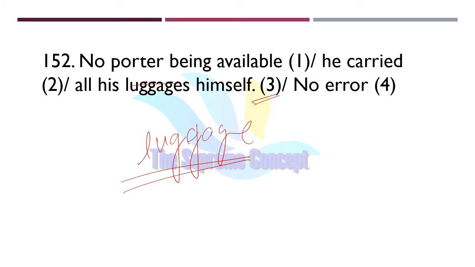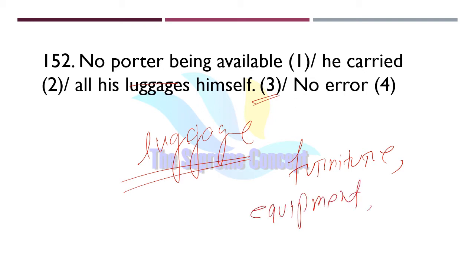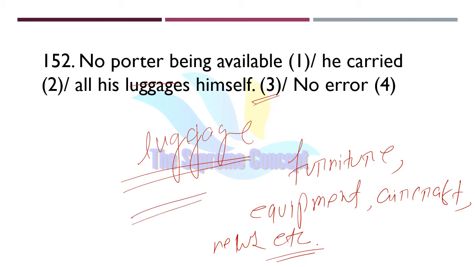Like luggage, we have furniture, equipment, aircraft, and news, etc. These words don't have a plural form, so we will simply use luggage here.